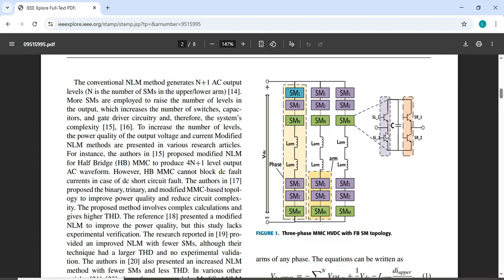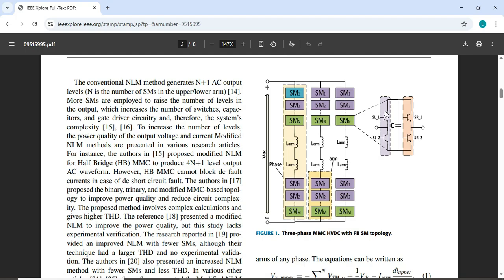The switches on the left side I named the left arm, and the switches on the right side I named the right arm.